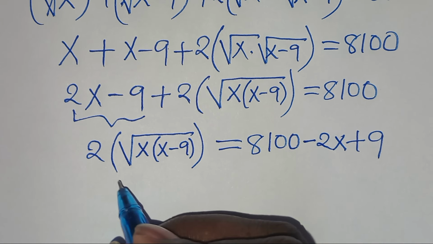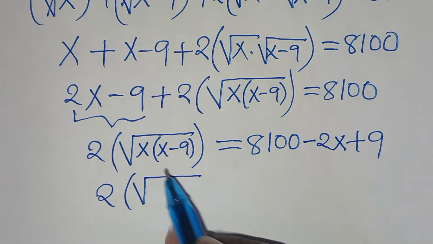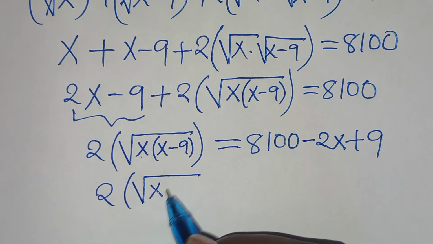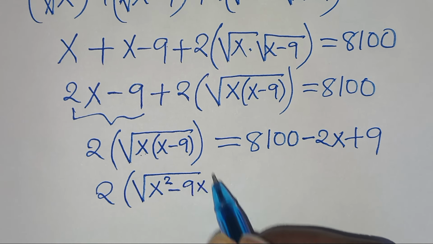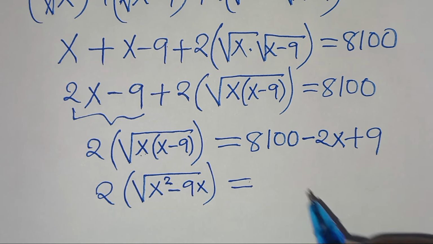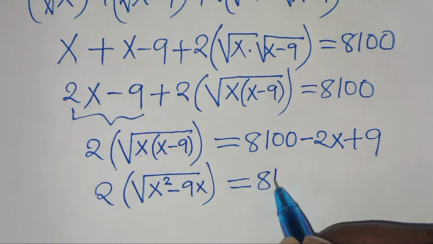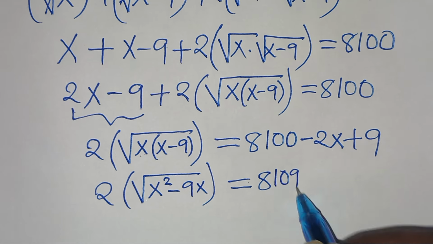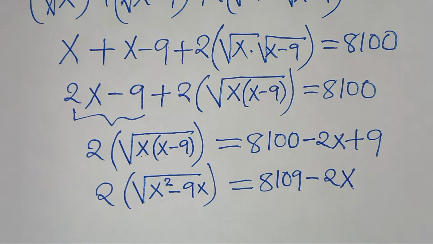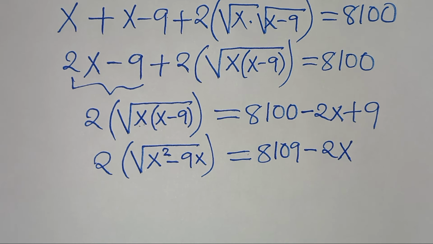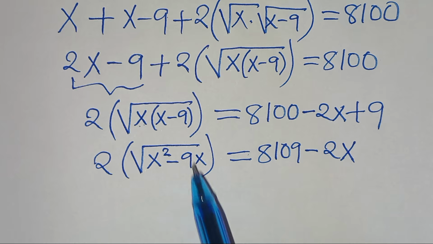So now we have 2 into the parentheses, the square root of x times x, this is x squared, and x times minus 9 is minus 9x. This is equal to 8100 plus 9, which is 8109, subtract 2x. Now we have 2 times the square root of x squared minus 9x.